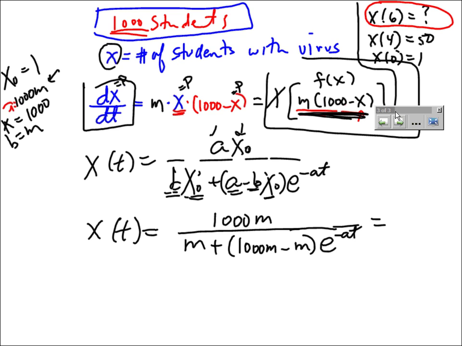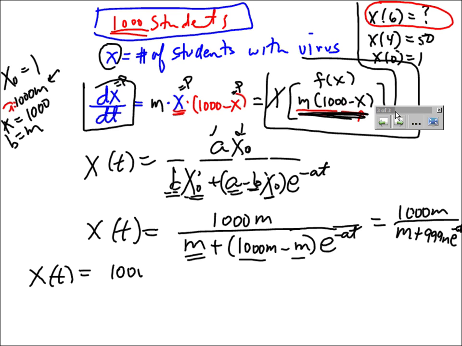In the numerator, we have 1000m. We have m here plus 1000m minus 1m, which is 999m, times e to the negative AT. Just recopying, X of t is 1000m over m plus 999m e to the negative AT.